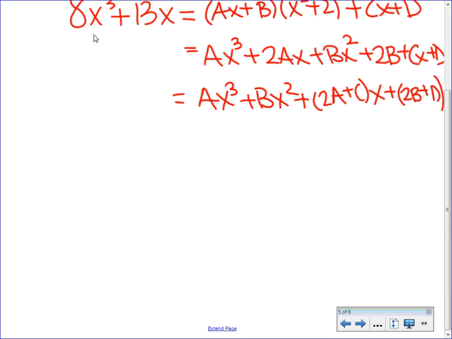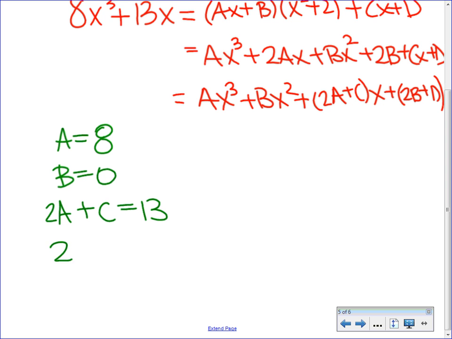All right. So we have 8x cubed. So a equals 8. B is the coefficient of x squared. There is no x squared, which means b needs to be set equal to 0. 2a plus c needs to equal 13.